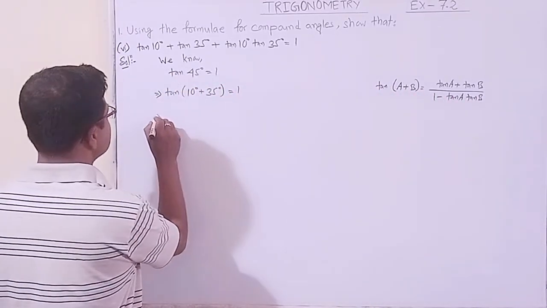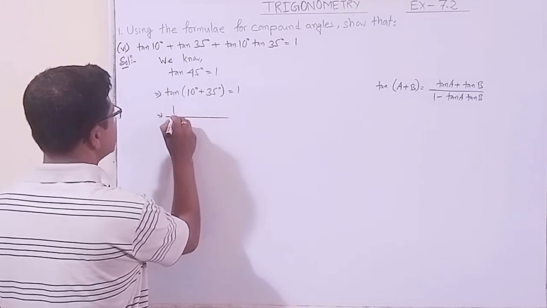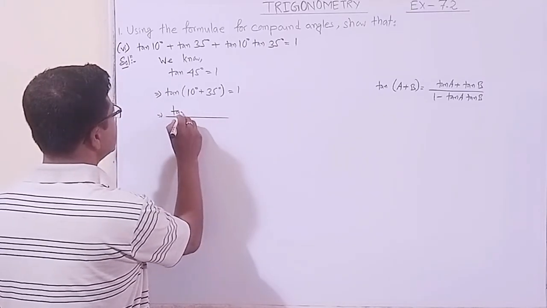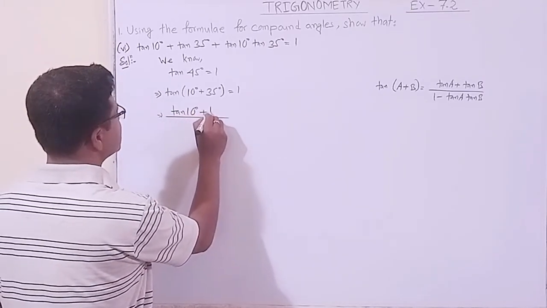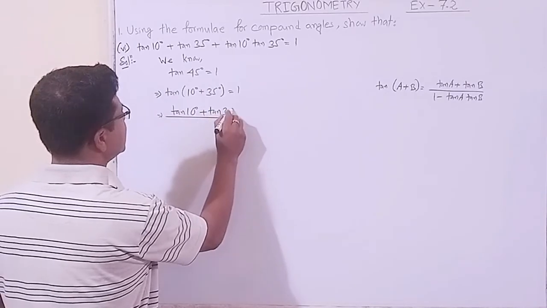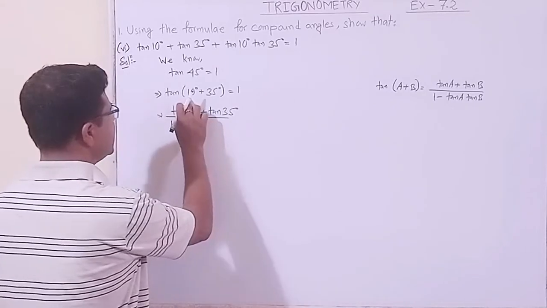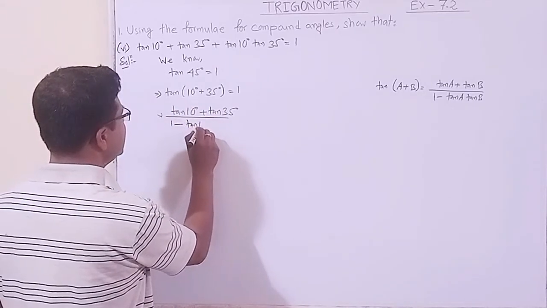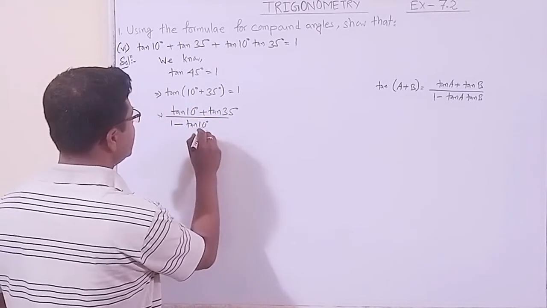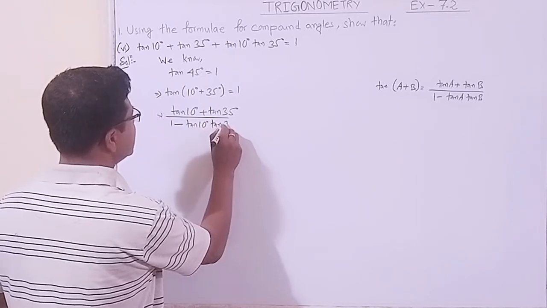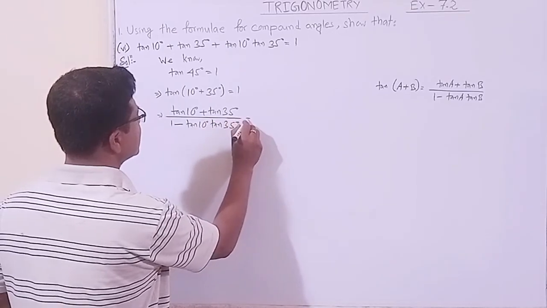Okay, so if we apply this formula here, tan of 10 degree plus tan of 35 degree divided by 1 minus tan a tan b. Tan a means tan of 10 degree into tan b, b means 35 degree, is equal to 1.